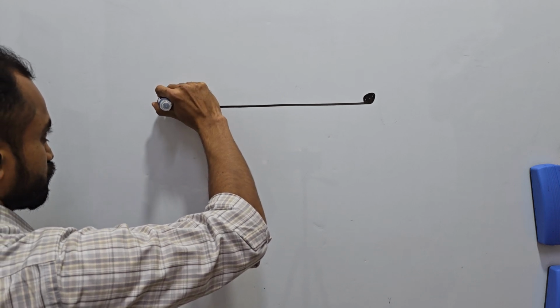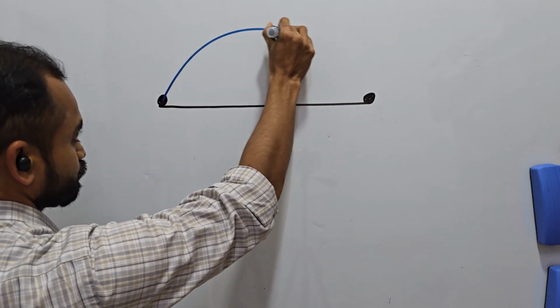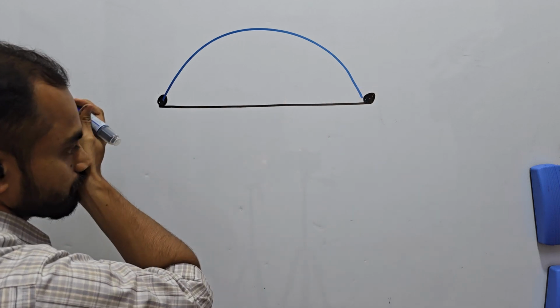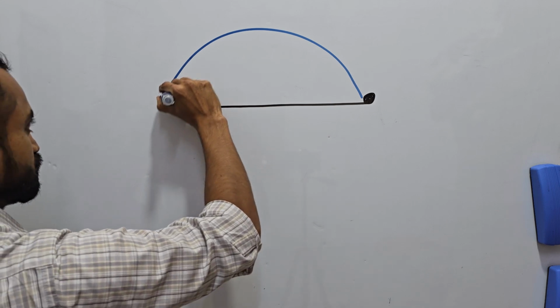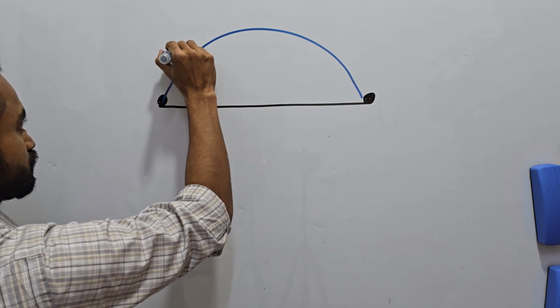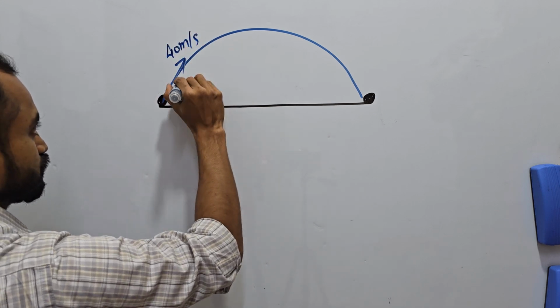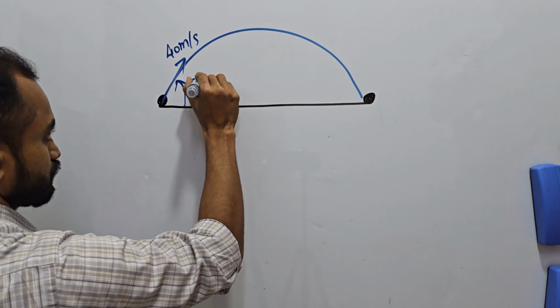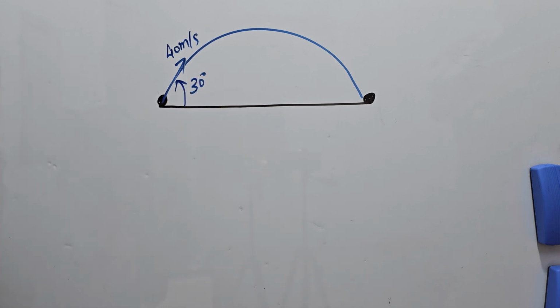You are throwing the baseball. At what speed? 40 meters per second, right? So the initial speed is 40 meters per second, and at what angle? 30 degrees.